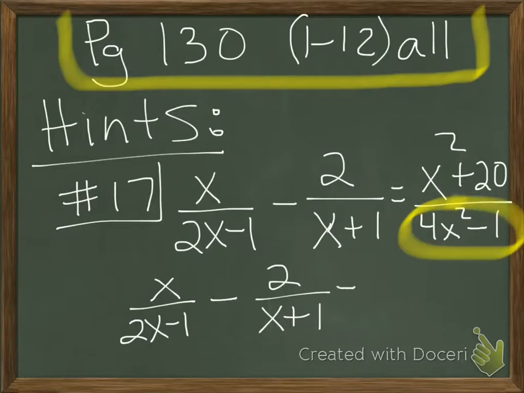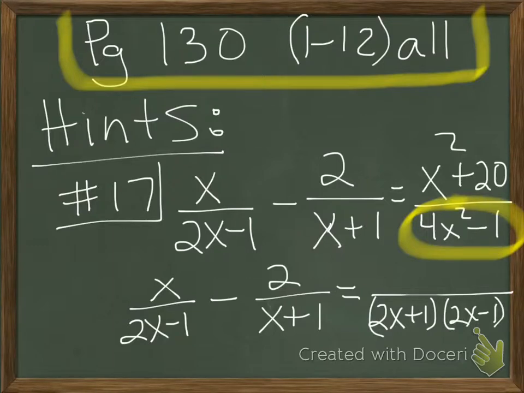So I want to make sure that everyone knows 4x squared minus 1 is 2x plus 1 times 2x minus 1. The second thing I want to make sure that you know is that x squared plus 20 does not factor. So it's still going to say x squared plus 20.